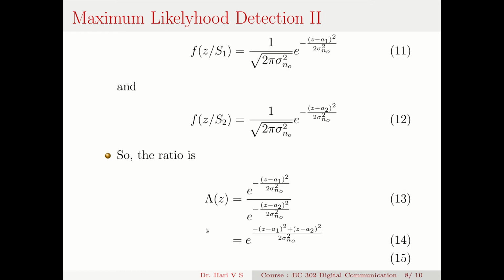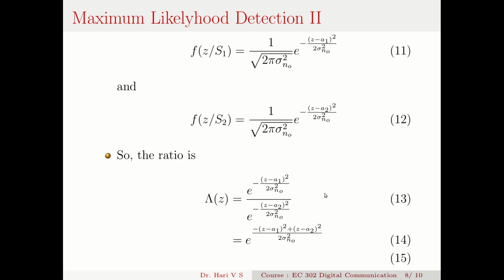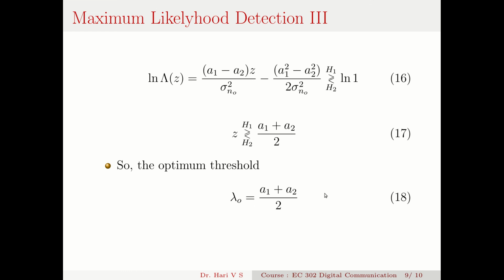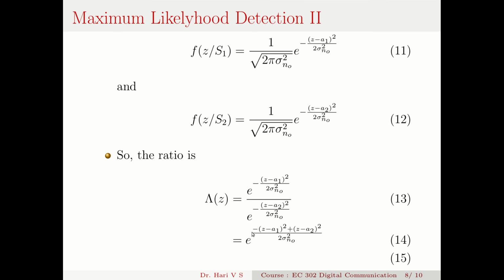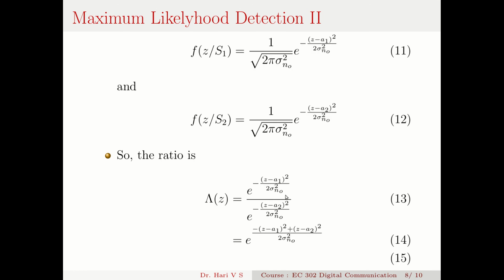Now this ratio lambda should be greater than or less than 1. So if I take the log on left side and right side, it becomes (z minus a2) whole square minus (z minus a1) whole square by 2 sigma square, greater than or equal to log 1. When I expand this equation, you can see that z square is cancelled off. Then I have 2z into (a1 minus a2) by 2 sigma square.